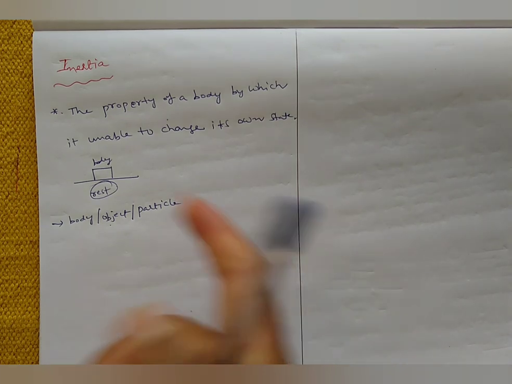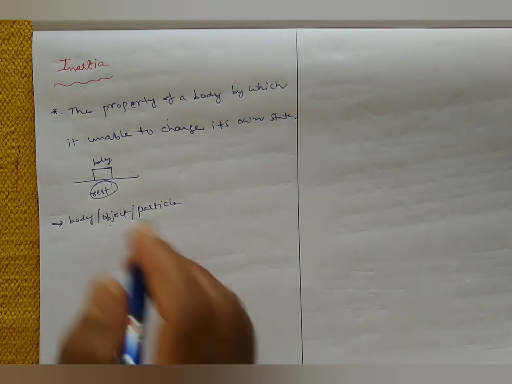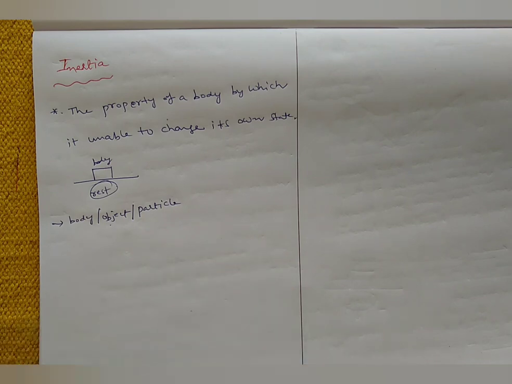Right. So here, suppose the body is at rest initially. Now what is the natural tendency of this object? It always opposes any change in its motion, any change of its state of rest.